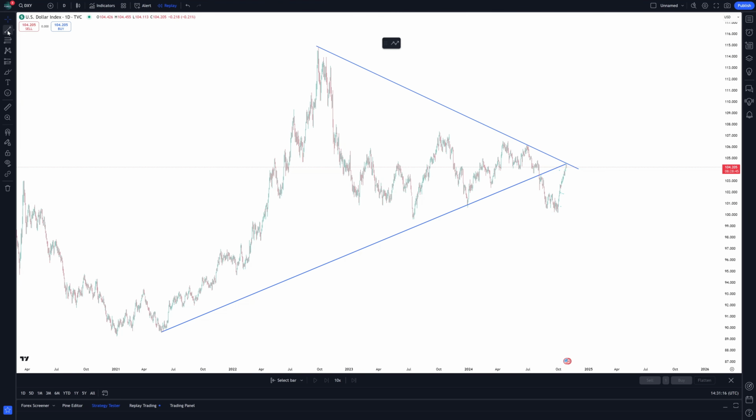Okay, so let me draw that support line also right here. So it had a solid support right here. So let's do this. It came here, came back here, bounced back here. Now it's at that resistance level. So now it's decision time for the dollar.